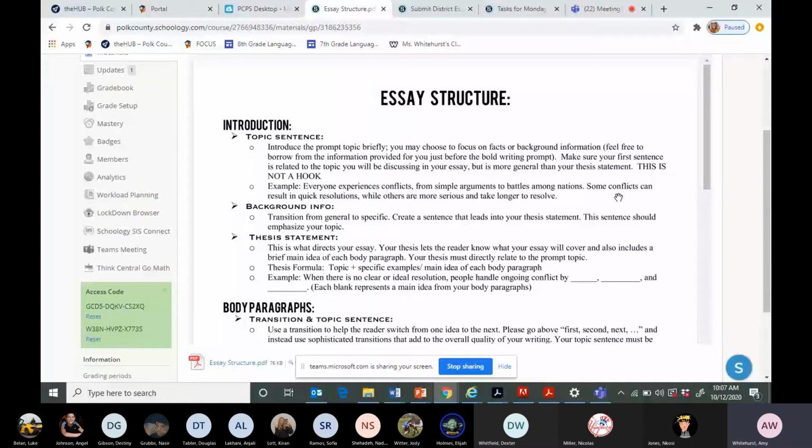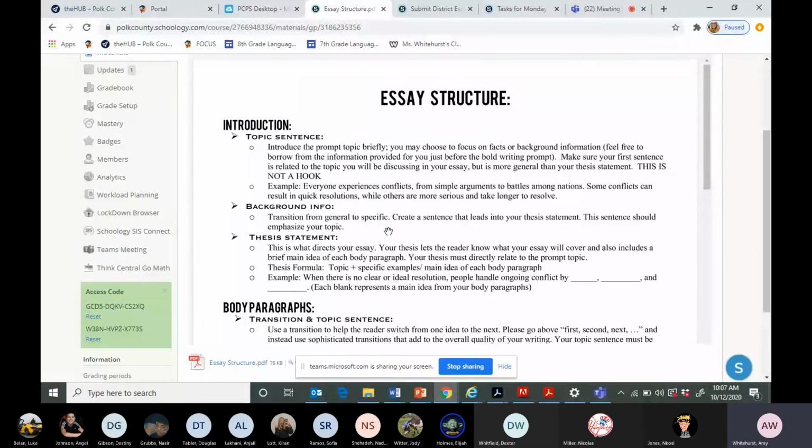So you're introducing the topic. You're staying general. Man-made products have truly benefited society. However, plastic has actually caused more harm than good. Then you might say something like the background information.